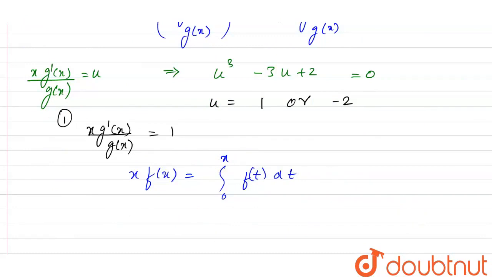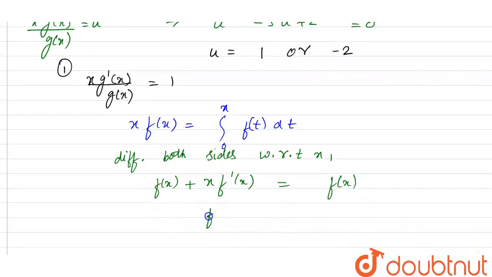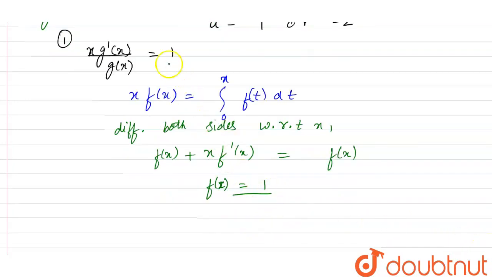If we differentiate both sides with respect to x, we get f(x) plus x·f'(x) equal to f(x). So from here f(x) will be equal to 1. It is a non-decreasing function.